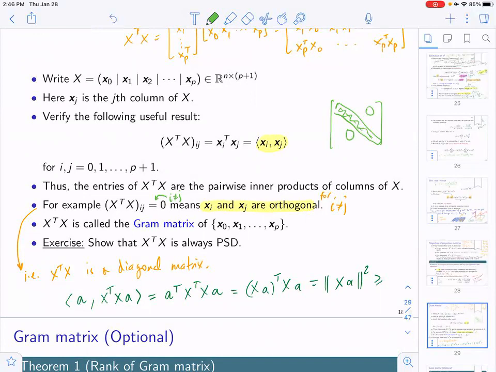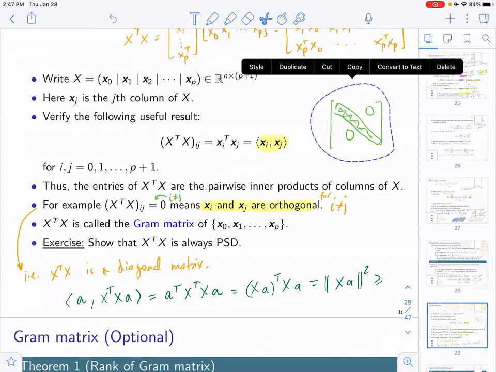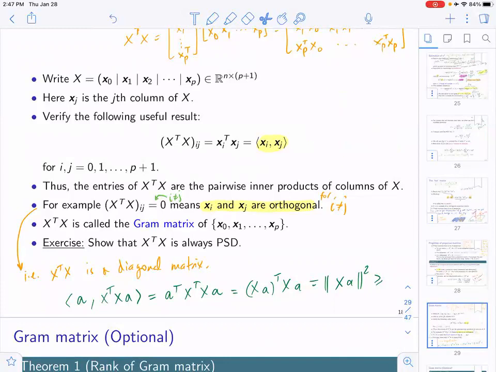So if your design has pairwise orthogonal columns, then this simplifies to a diagonal matrix. This is helpful. Yeah, go ahead. Do you have a question? Just to double check, in the middle of the page it says that ij is from 0 to p plus 1. Oh, okay. Right, you're right. This has to be p. Okay, good.